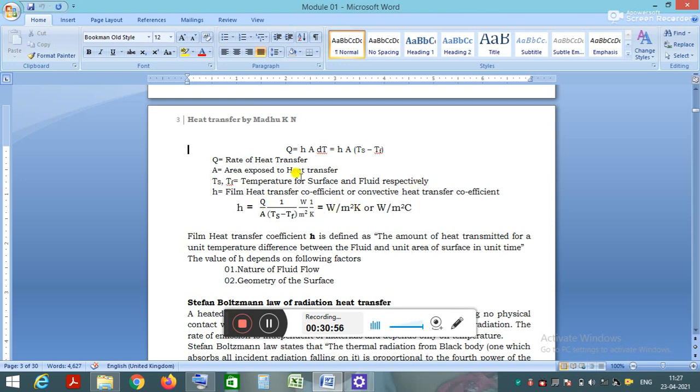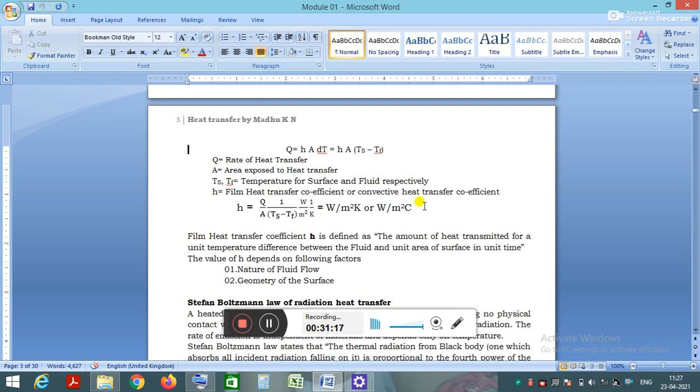Therefore, the unit of heat transfer coefficient, or film heat transfer coefficient, or convective heat transfer coefficient, or simply called heat transfer coefficient, is watt per meter square degree Celsius or watt per meter square Kelvin.